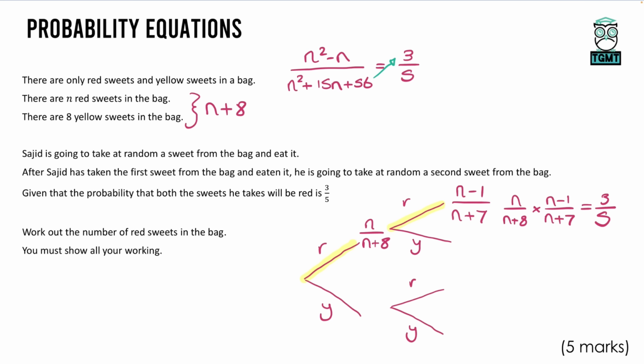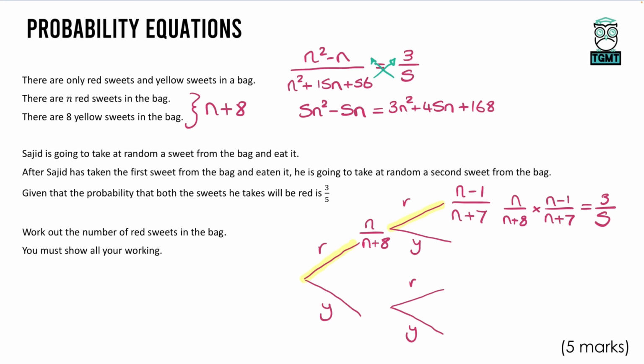From here, we would need to cross multiply these denominators to turn this into a nice straight line equation that we can solve. So 5 lots of n squared minus n gives us 5n squared minus 5n. And 3 lots of that denominator, n squared plus 15n plus 56, gives us 3n squared plus 45n plus, and then 56 times 3 is 168.